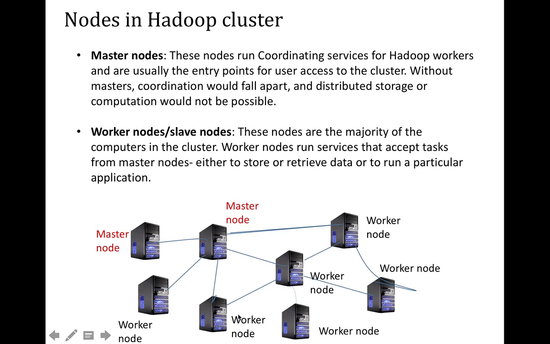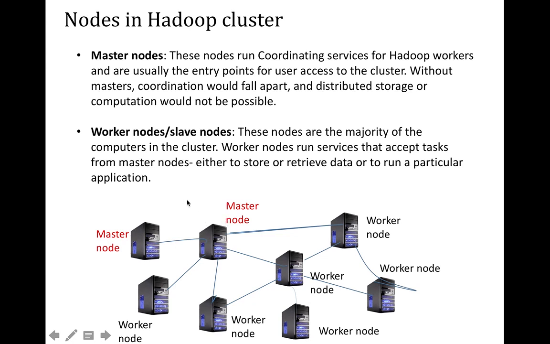For the master nodes, we can say these nodes run coordinate services. In fact, some programs or software that regulate the whole network are stored in the master node. Also, for the user, the master node is generally the access point.